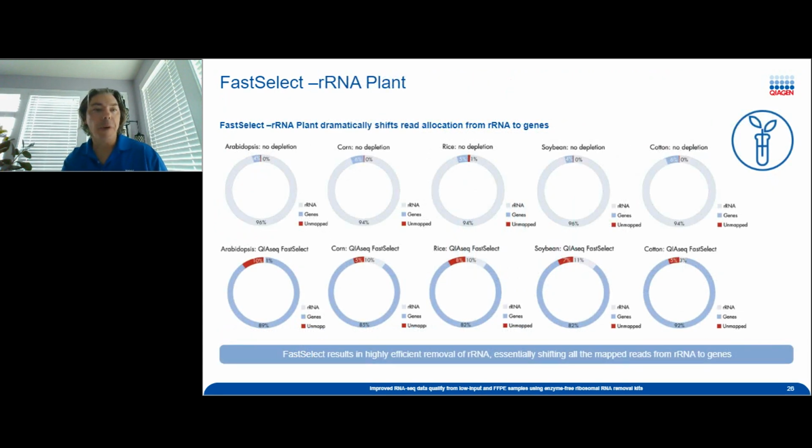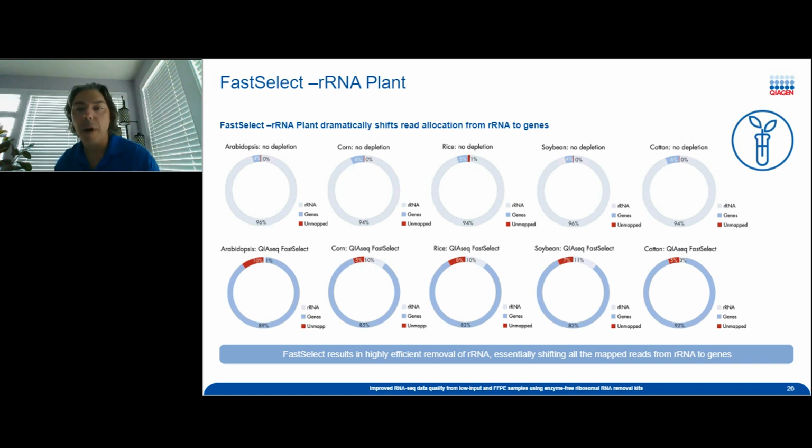In the situation with plants, plants are usually very heavy in ribosomal RNA. This comes from the cytoplasm, mitochondria, and the chloroplast. Here I'm showing you examples of all the individual plants that we've tested with our plant product. You can see the amount of ribosomal RNA goes from a large 96% down to a very residual 1 to 10%, depending on the species.